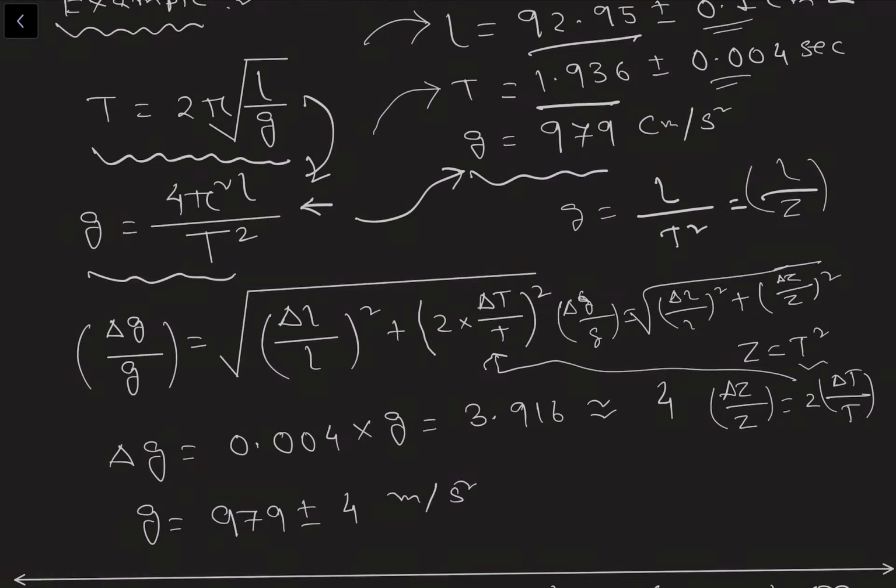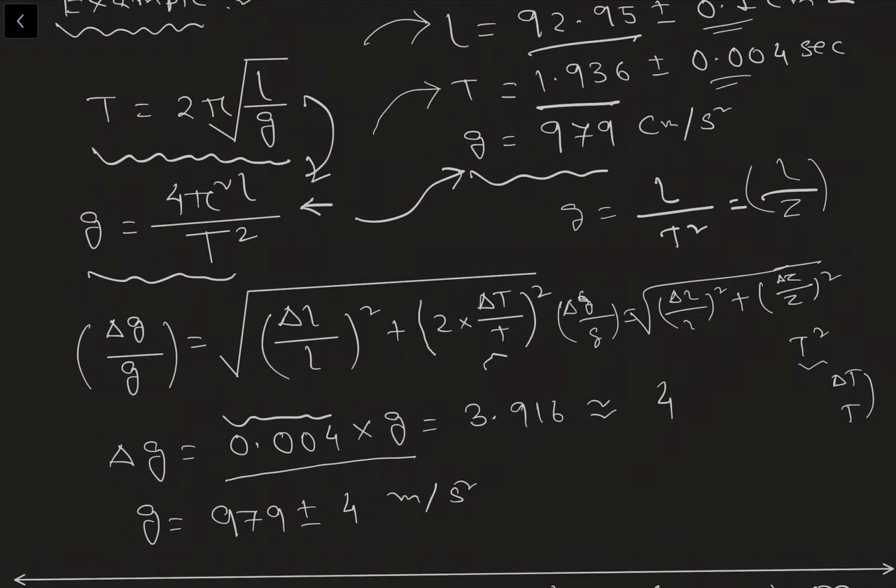Instead of using the complicated formula, we make our life simple. We have to think in steps, that will help. Now things become messy here. Let me remove some of the stuff. Now the relative error in g is coming out to be 0.004.